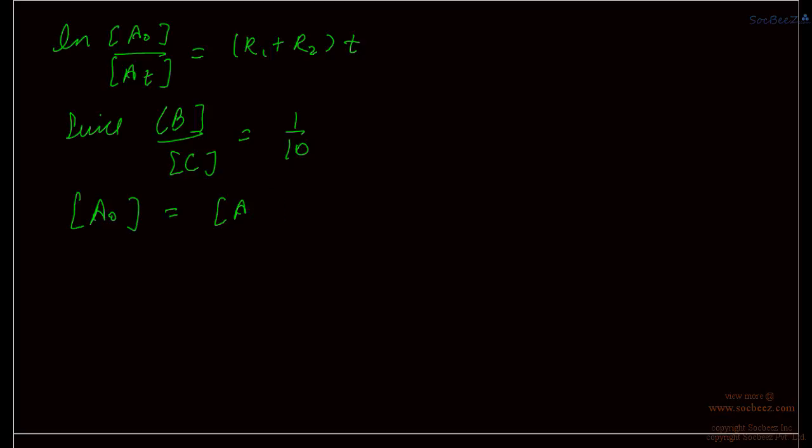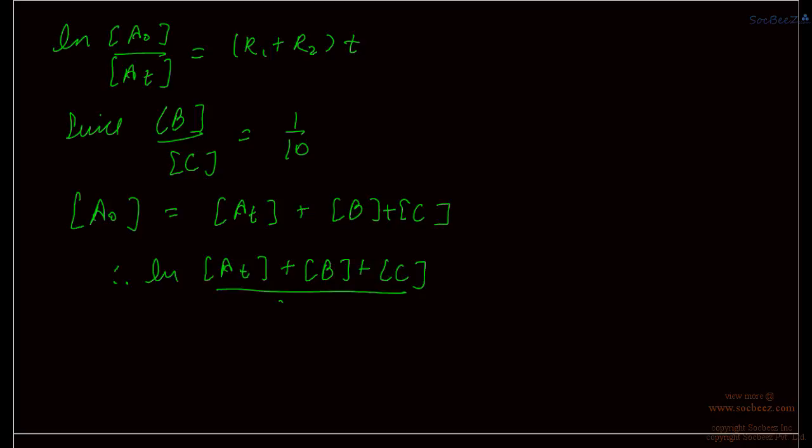Therefore, A naught will be equal to the concentration of A at time t plus B plus the concentration of C. Now, ln of A at t plus B plus C upon A at t equals K1 plus K2 into t.